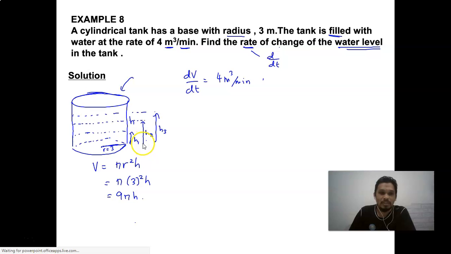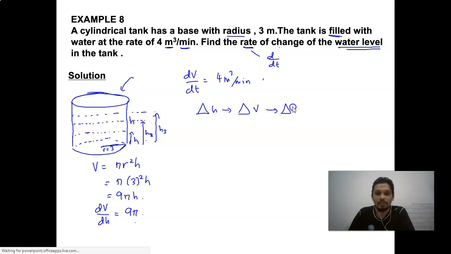Because we are talking about the change of height with respect to time, and the change of height gives us one value of volume inside the tank, the change of volume with respect to h is 9 pi. So dV/dh, and also dV/dt and dh/dt.